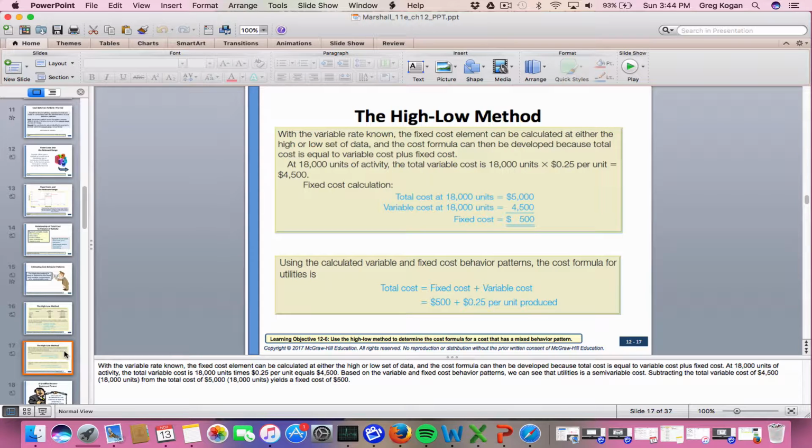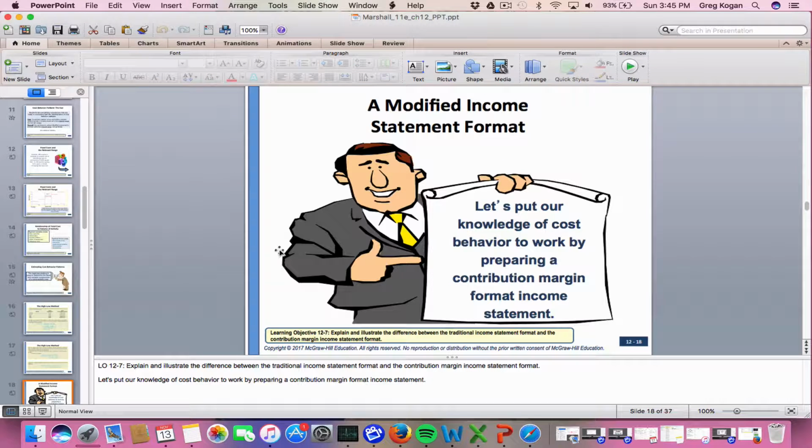So let's say for 18,000 units, the total variable cost is 18,000 units times 0.25, so 4,500. And we're coming back to the fixed cost. Now, if we have a total cost and we know the variable cost, we can derive the fixed cost.